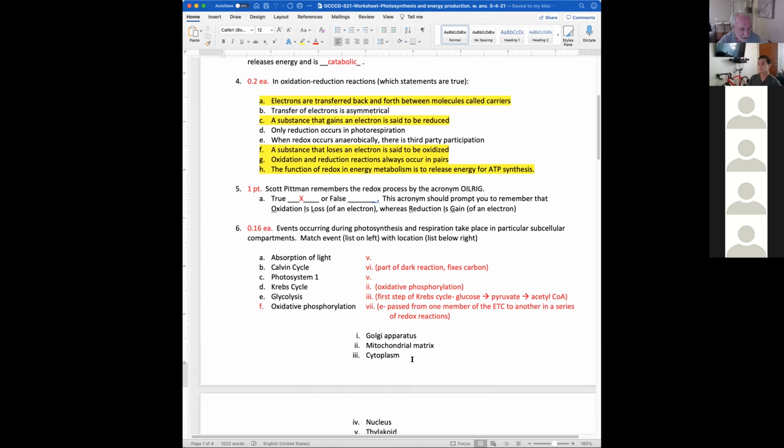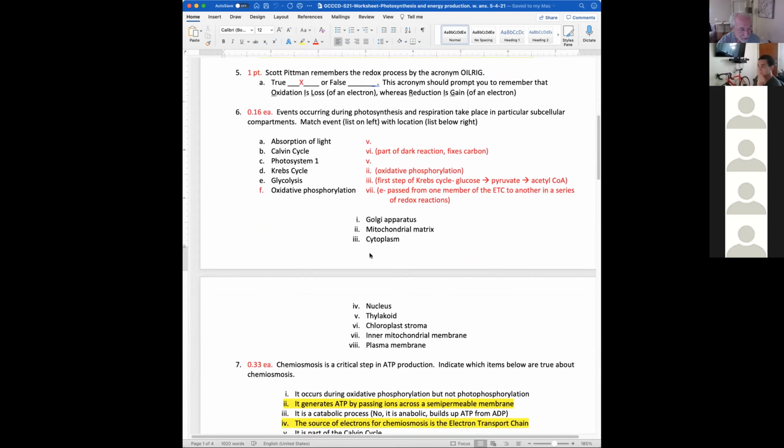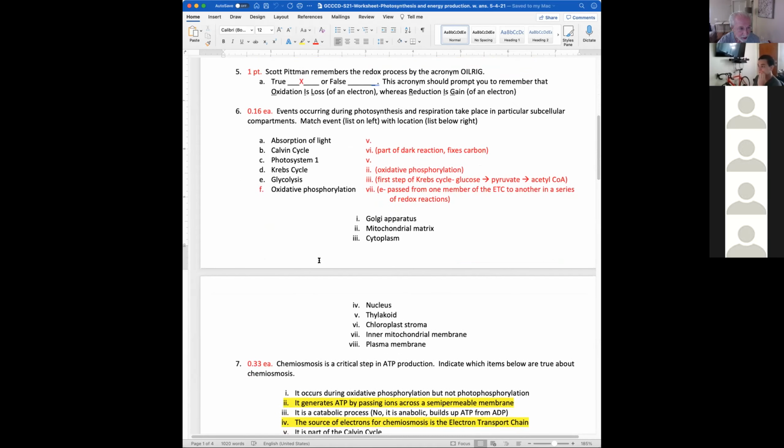Then number 6, you had to do a matching exercise. Absorption of light was number 5, which is the thylakoid. The Calvin cycle is 6, chloroplast stroma.